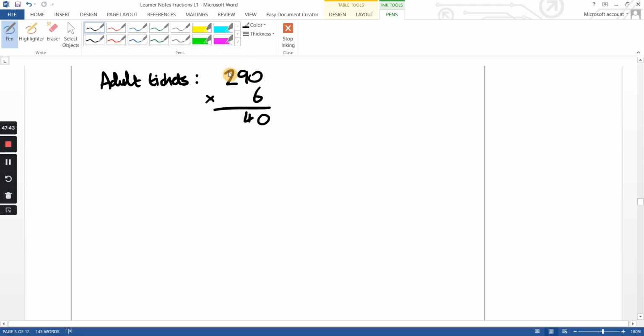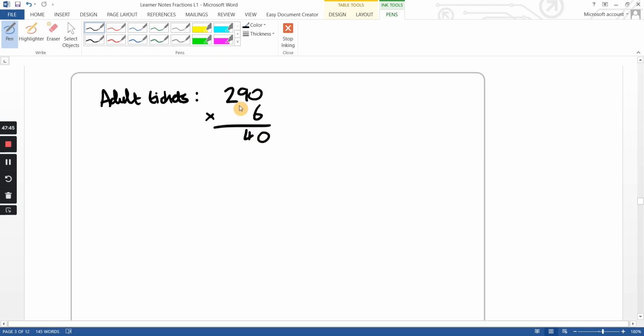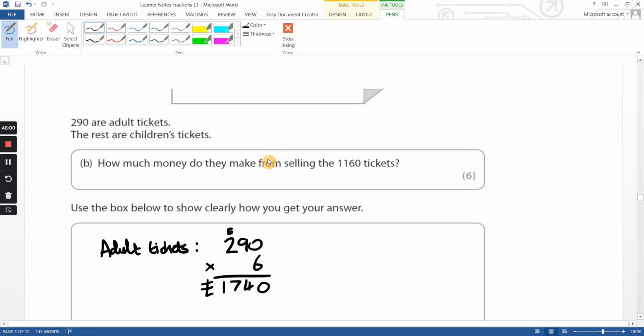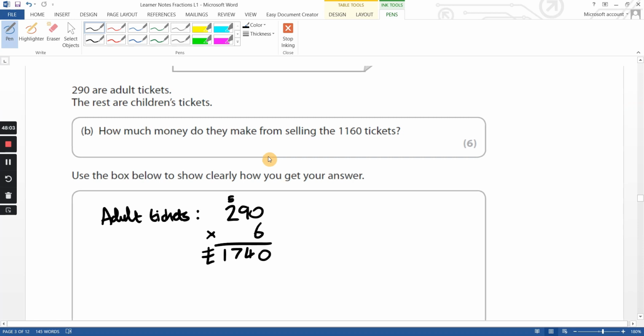Carry the 5. 2 times 6 is 12, plus the 5 is 17. So for adult tickets, it's going to be 1,740. That's how much they made from selling the adult tickets.